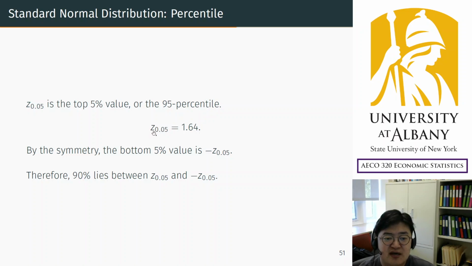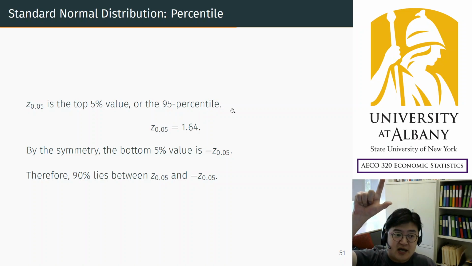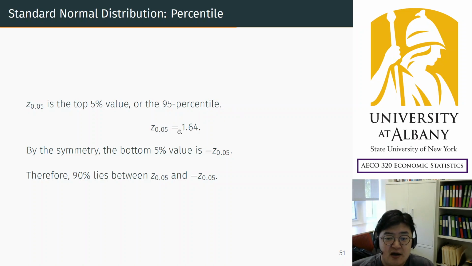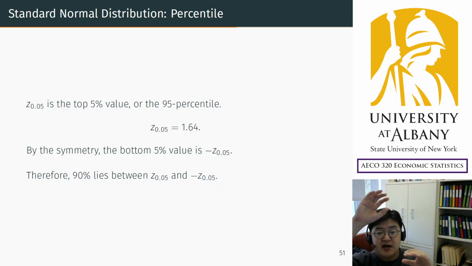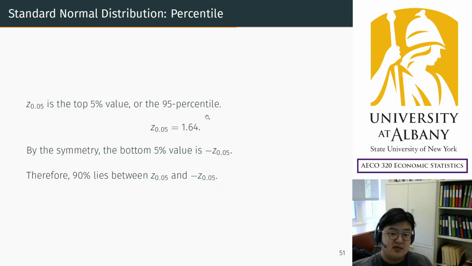So if we know top 5% value is 1.64, so it is top 5%, but at the same time, you can see that minus 1.64 is bottom 5%. So top 5%, bottom 5% are known as plus minus 1.64. That means 90% lies between plus minus 1.64.